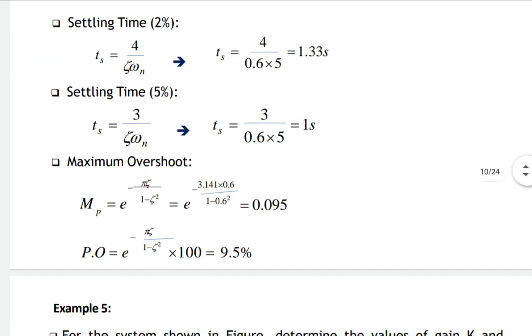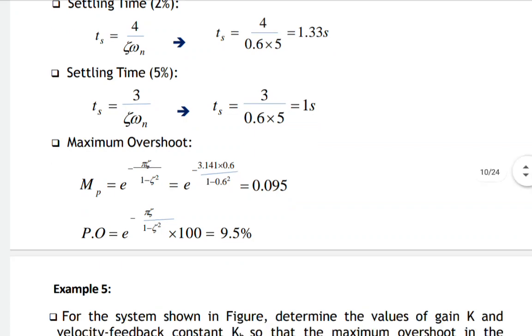Maximum overshoot Mp is equal to e to the power minus xi pi by root under 1 minus xi square, that generates 0.095. So the percentage peak overshoot is 9.5% when multiplied with 100.